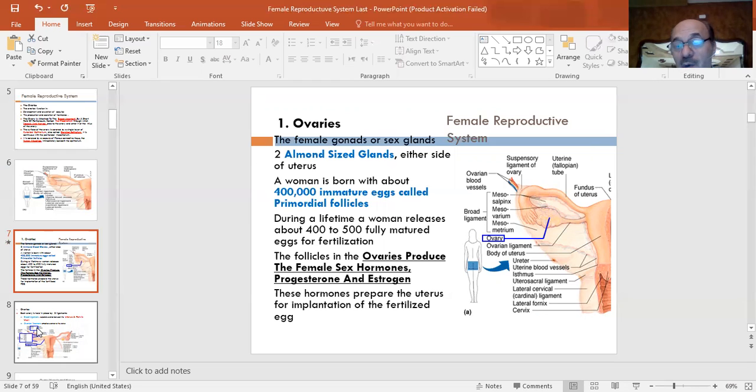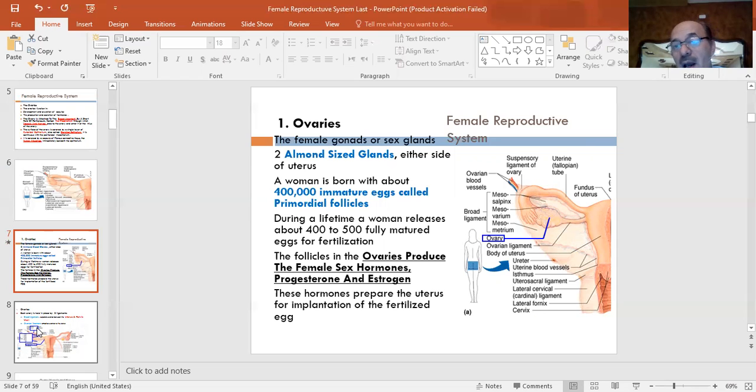So here is the difference between the male and the female. The male is born with stem cell spermatogonia. They are activated at puberty, and they are capable of giving rise to spermatocytes throughout life. While the female is born with a fixed number of primordial follicles and not oogonia. Therefore, every monthly cycle at puberty, 50 or so of those primordial follicles will undergo further development.